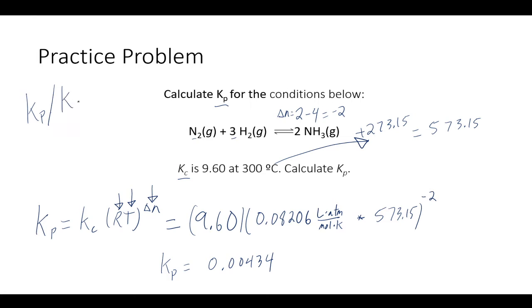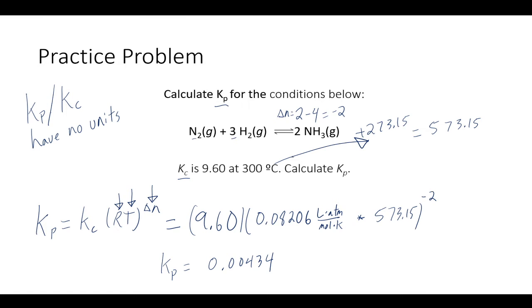Remember what we talked about in the last lecture: these values of equilibrium constants, whether it's Kp or Kc, have no units. They are unitless, dimensionless quantities. So this will not have pressure units at the end.